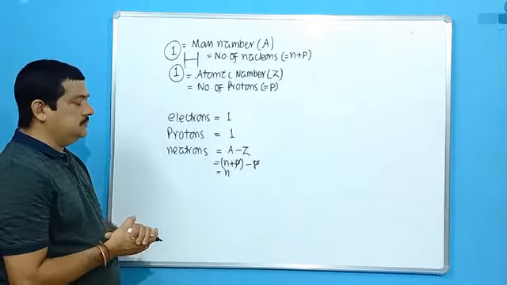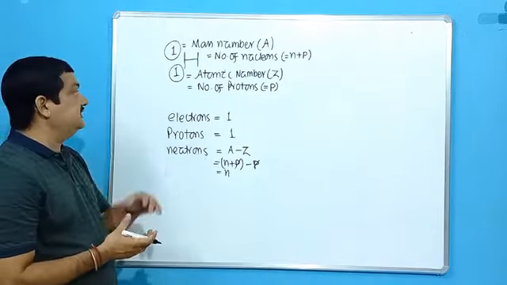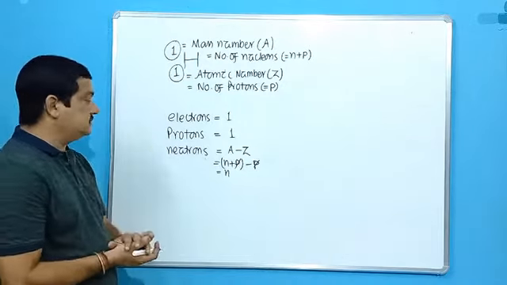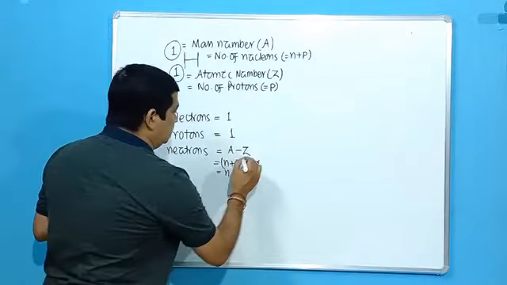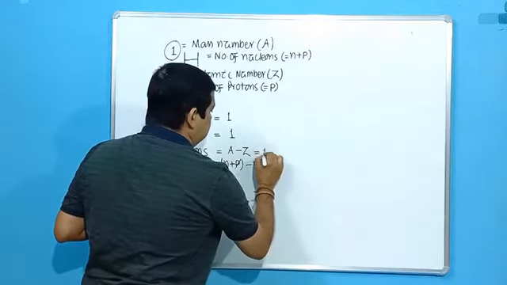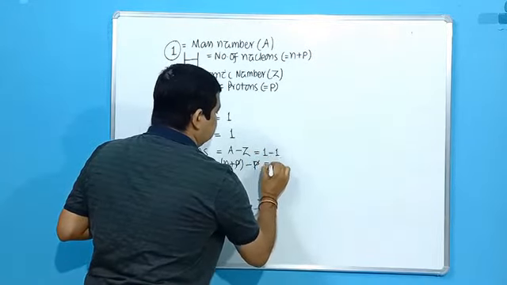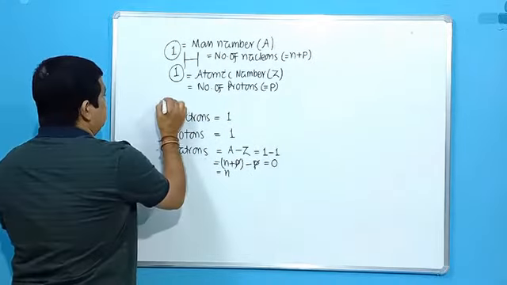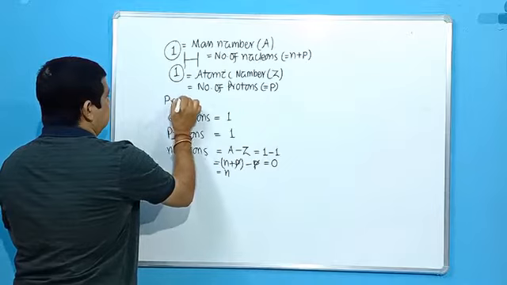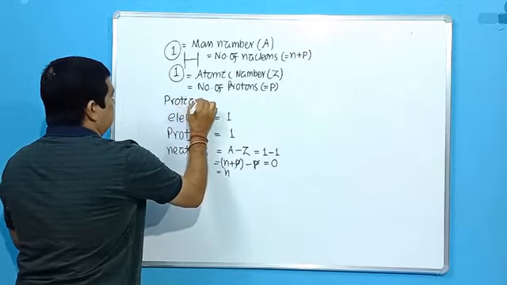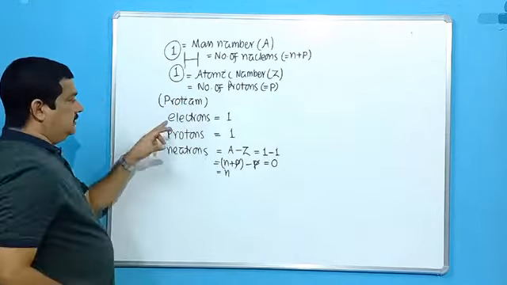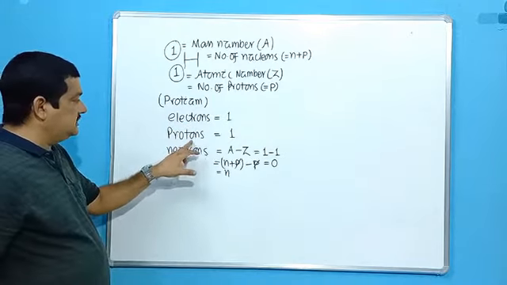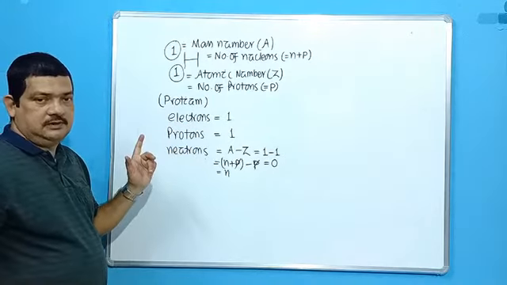So the formula to calculate the number of neutrons is A minus Z, that means superscript minus subscript. So in this case it will be 1 minus 1, that means 0. So in normal hydrogen, which is known as protium, number of electrons is 1, number of protons is 1 and neutrons is 0.